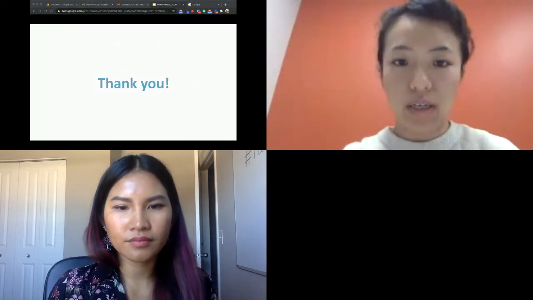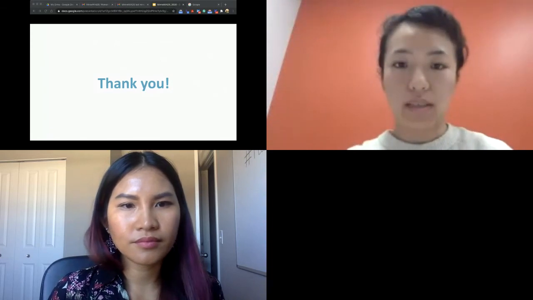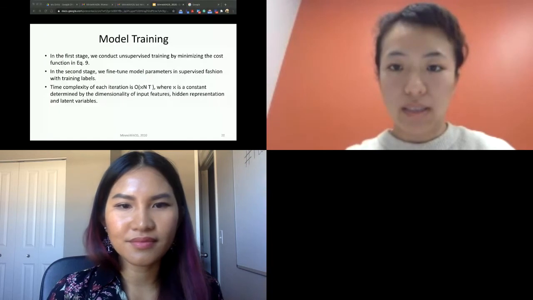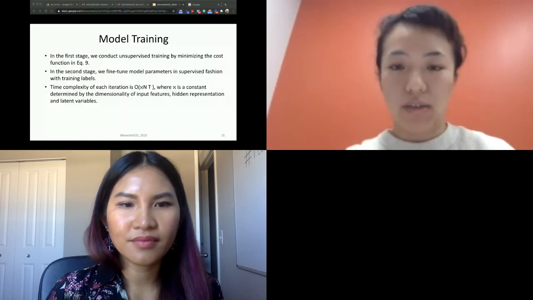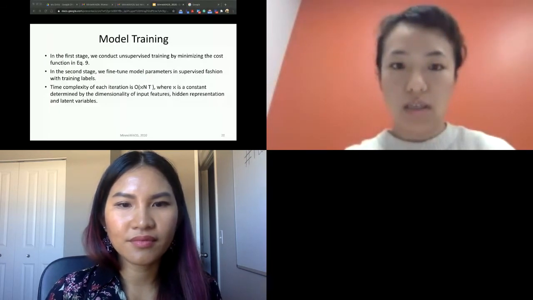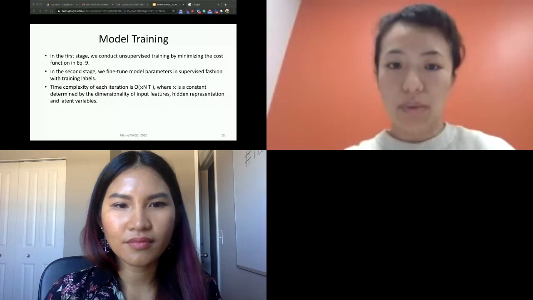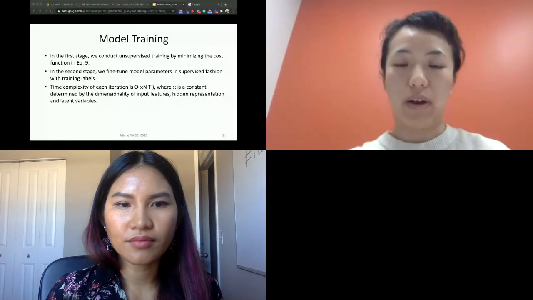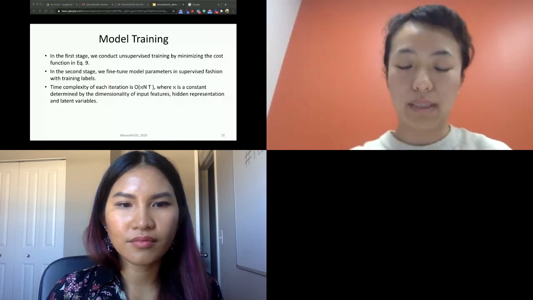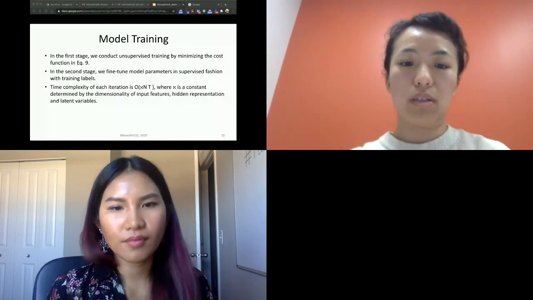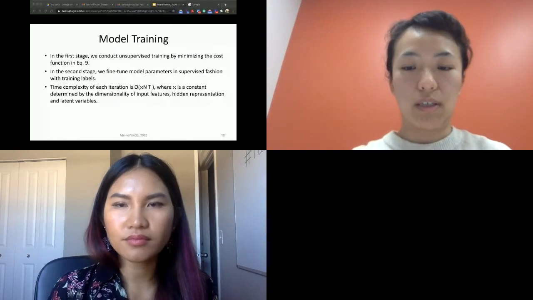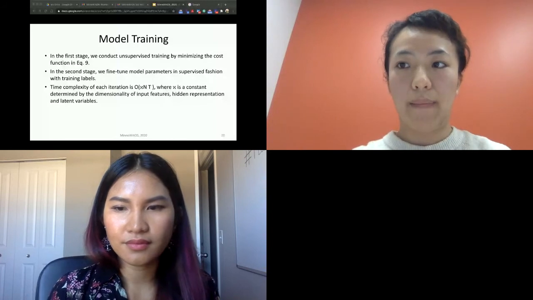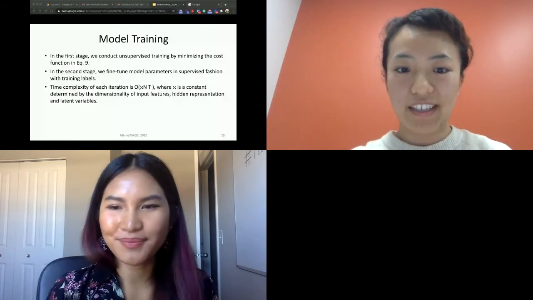So here I said the time complexity for each iteration will be x and t, where x is the feature dimension, and I think n would be the hidden representation and the latent variable, and t would be the time step. So basically there will still be the 3 dimensions in terms of the complexity. Thank you. No problem.